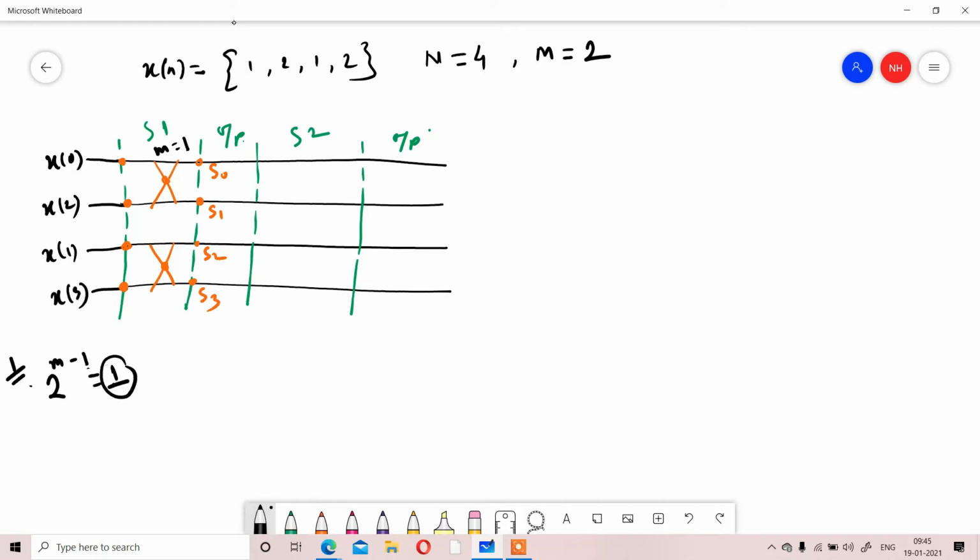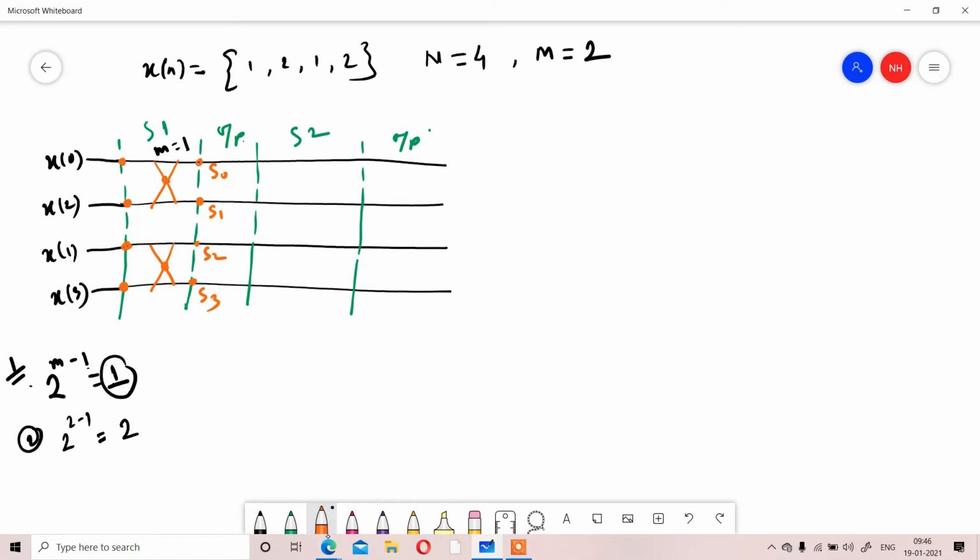Similarly, for stage 2, 2 to the power m minus 1 means 2 to the power 2 minus 1, that will be 1. That means for stage 2, the bit separation will be, sorry, it is 2, it's not 1. So 2 to the power 1, so it will be 2. So bit separation will be 2.